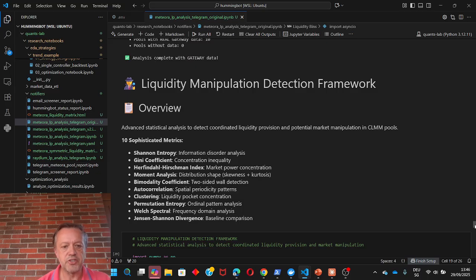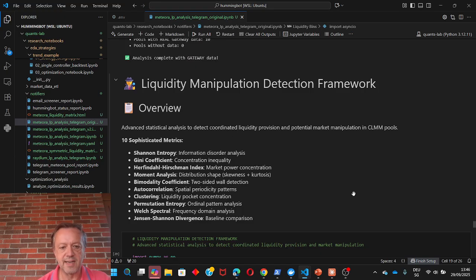These are the Shannon entropy, where we try to understand the disorder present in the liquidity pool; the Gini coefficient, which is an indication of high or low concentration of liquidity provision in the pool; then the third element is the Herfindahl-Hirschman index, where we analyze the market power concentration.